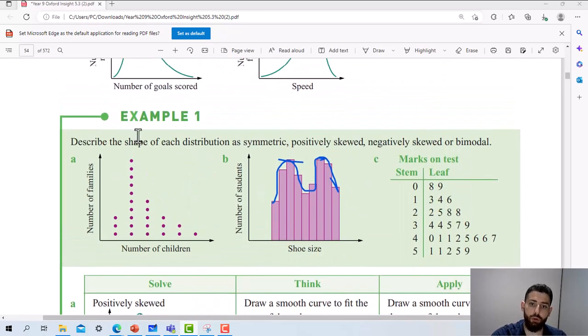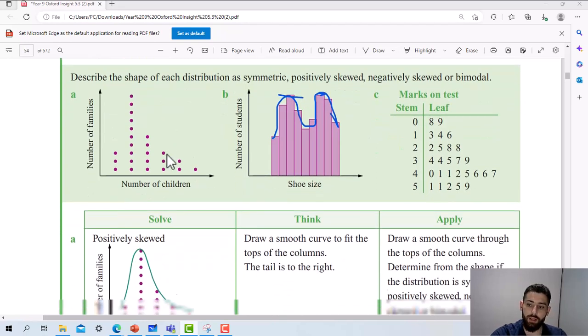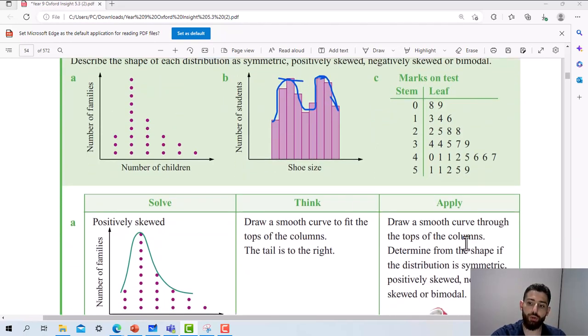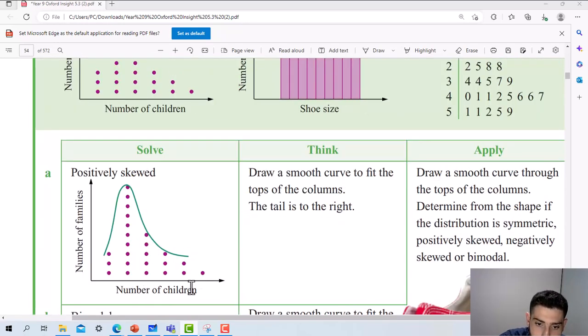So here, first we need to get the data. Then we need to draw a smooth curve through the tops of the columns in order for us to determine the shape of the distribution. So here we have on the x-axis the number of children. Here we have 3, here we have 11, here we have 6. So we draw a curve smoothly through the top of each column.